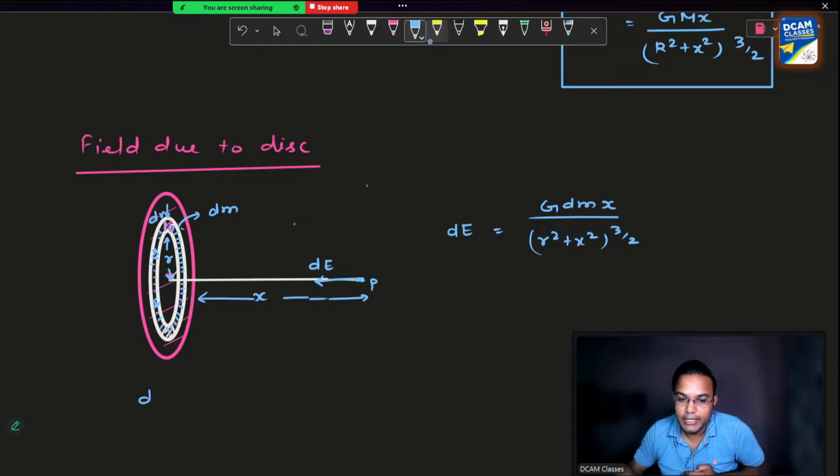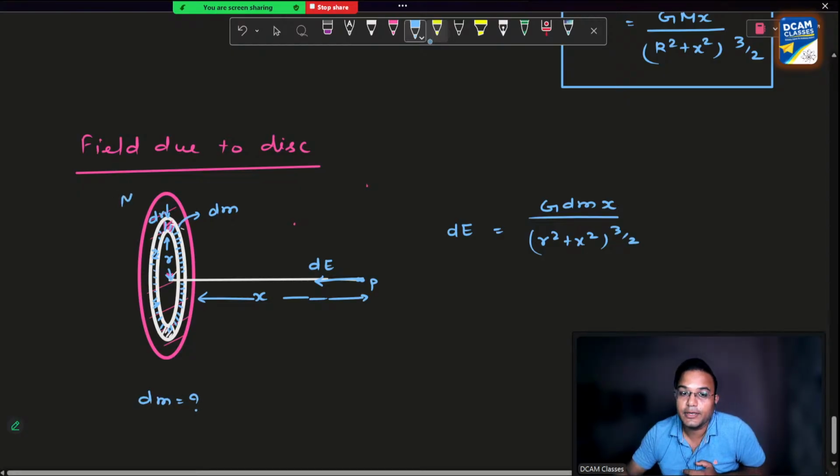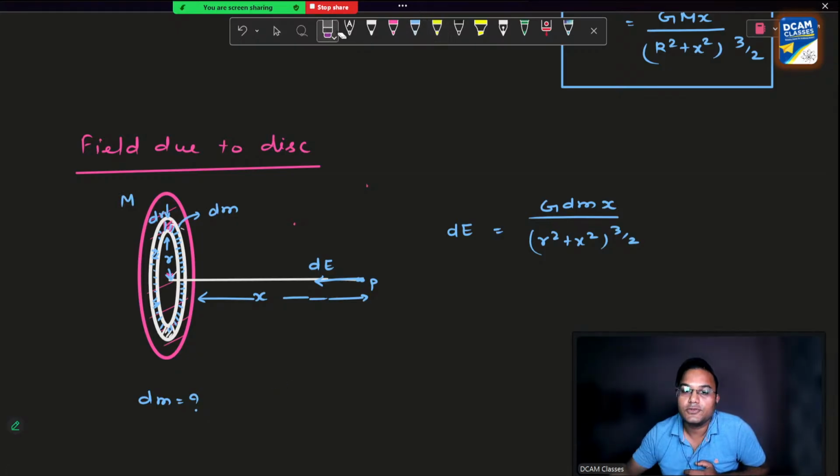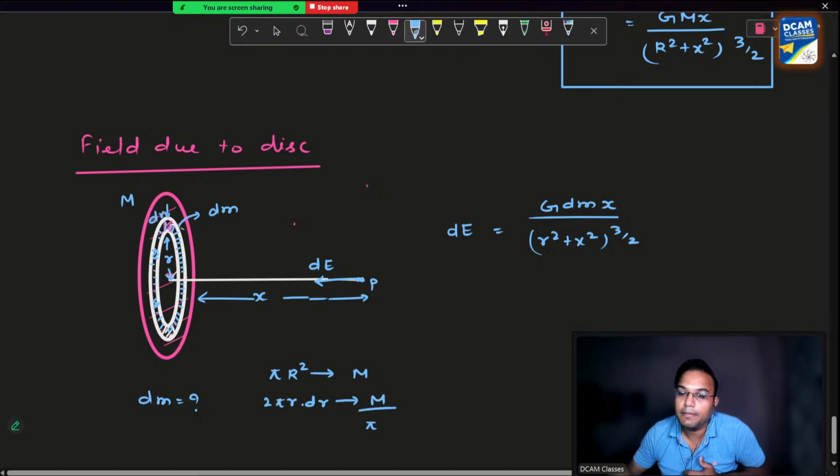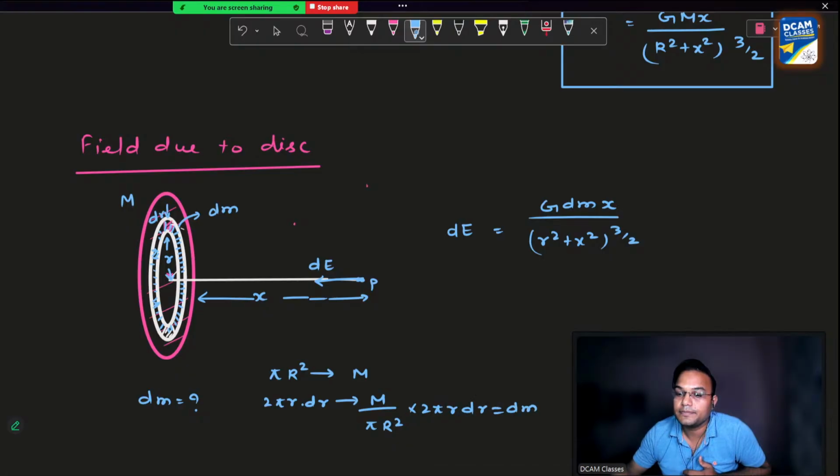How I'll find dm? Because it's given the total mass of the disk is M, means for pi R square area, the mass is capital M. So the area of the ring is 2 pi r into dr. The mass will be M by pi R square into 2 pi r into dr. This is dm.